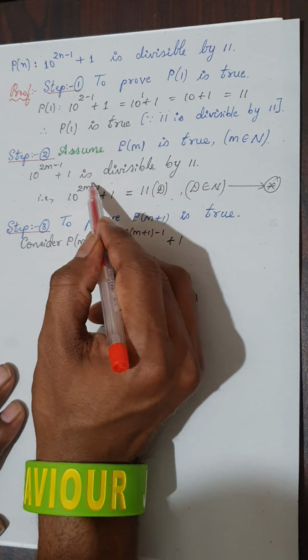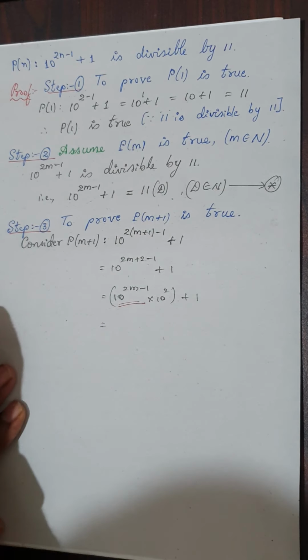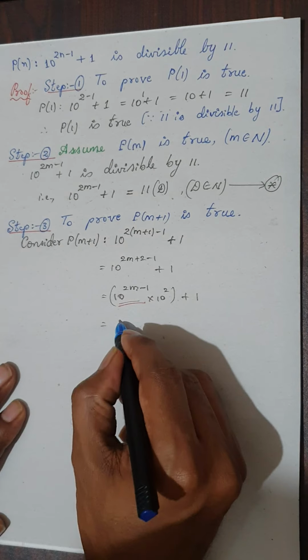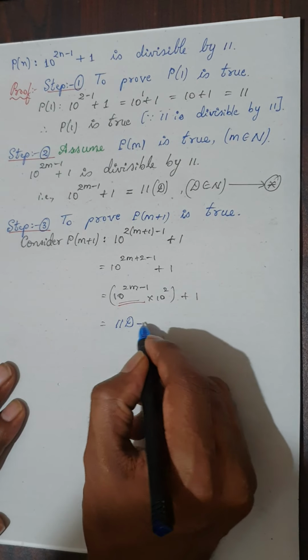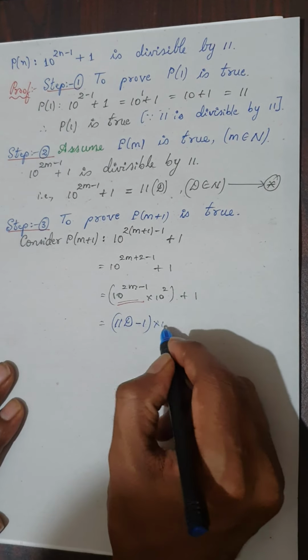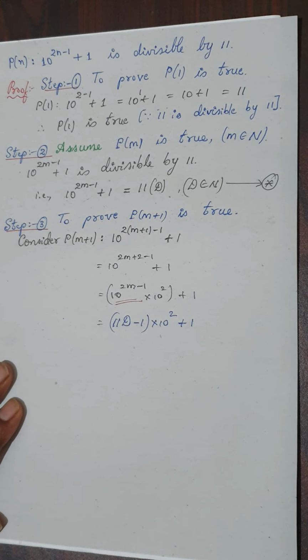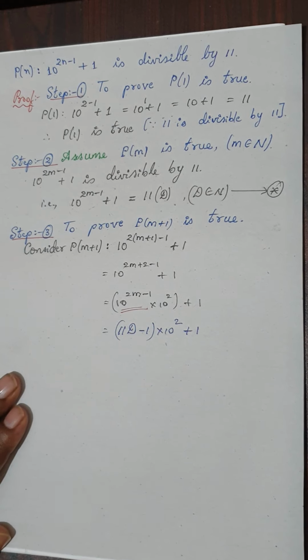So 10 power 2m minus 1 will be 11d minus 1, isn't it? So I'm going to write it as 11 times d minus 1 into this is 10 square, that is 100, plus 1. Is it clear? Please note down this very important step. Now let us further simplify.